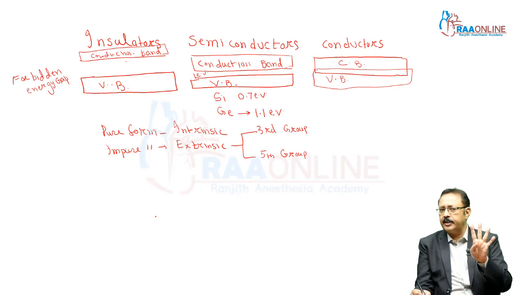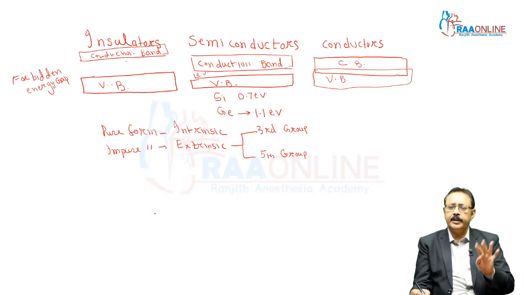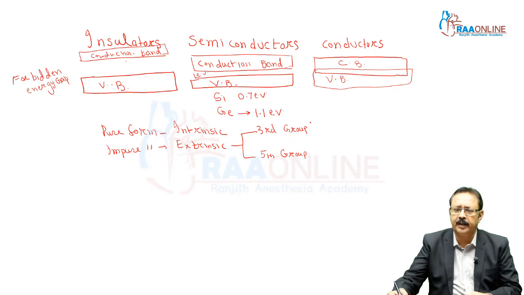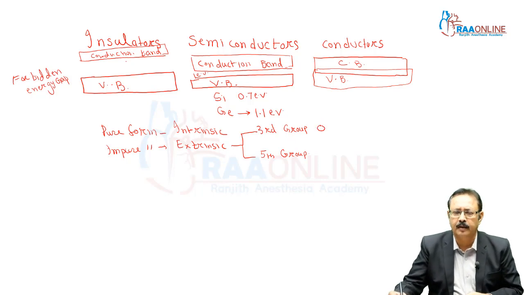It means a deficiency of 1 electron, and deficiency of an electron is a positive charge, meaning a hole. So it will increase the positive charge carrier, meaning hole. So this type of semiconductor is known as p-type semiconductor.